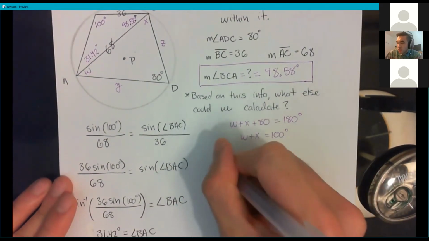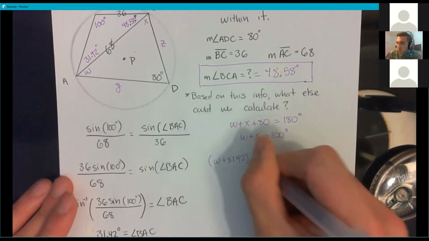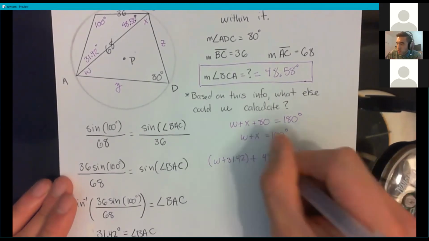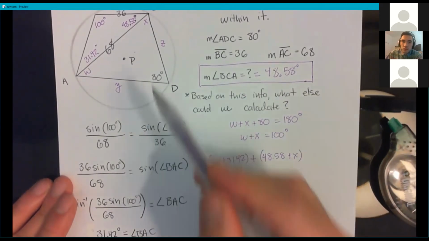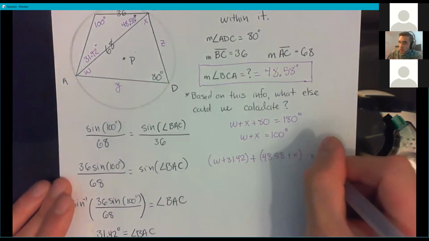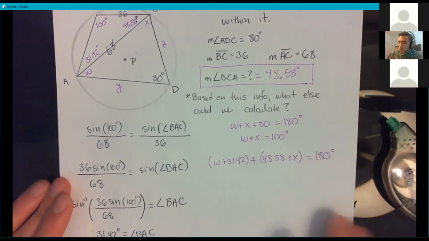So I can say that W plus 31.42 plus 48.58 plus X. This is just saying the opposite angles of my quadrilateral sum to 180 degrees. Here's the rub.